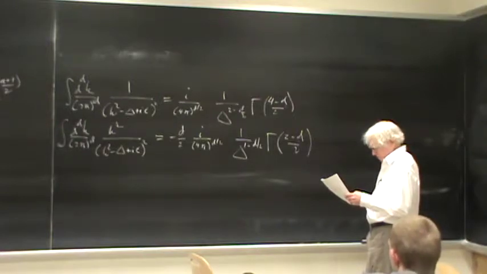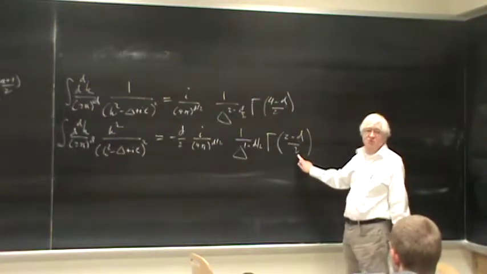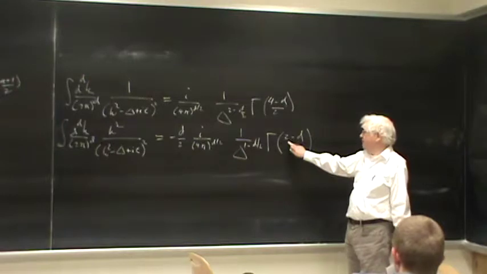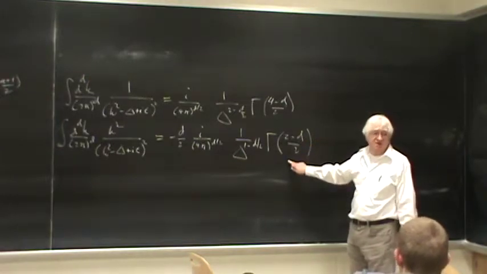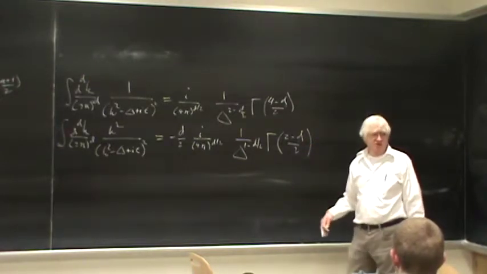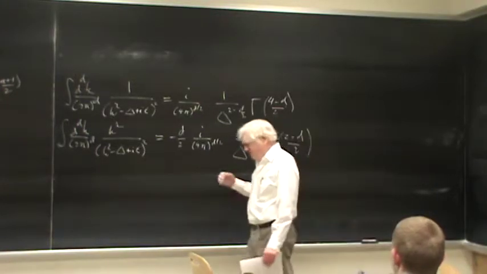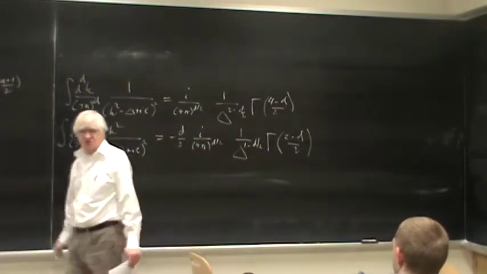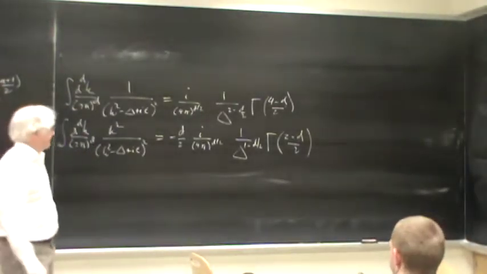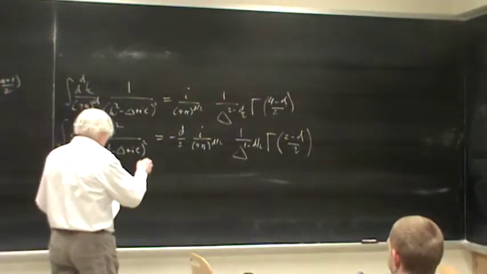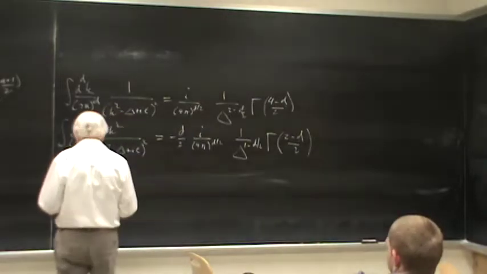What is it? Oh no, that's gamma of minus 1, because you have minus 2 over 2, minus 1. Gamma of minus 1 is also infinite. So the gamma function has poles at 0 and at all the negative integers.